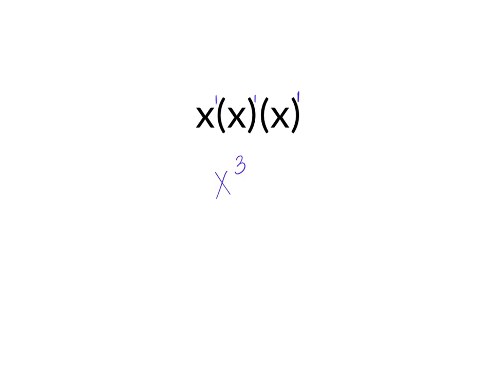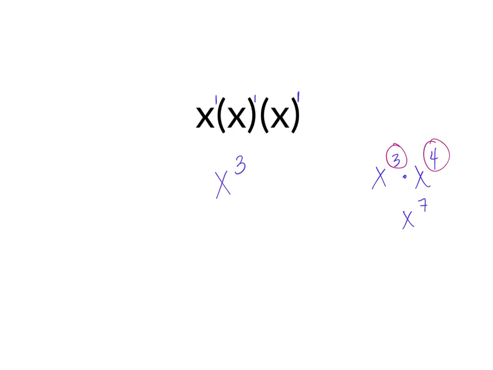In the previous example, we had x to the third and x to the fourth. So I'm just going to go ahead and write that down. And that gave us x to the 7th. And if we add 3 plus 4, we get 7.